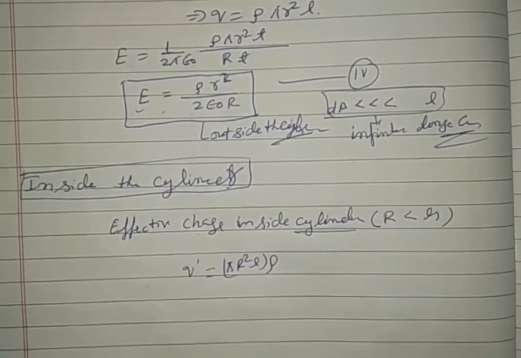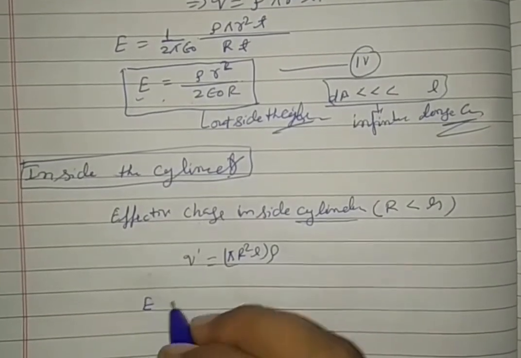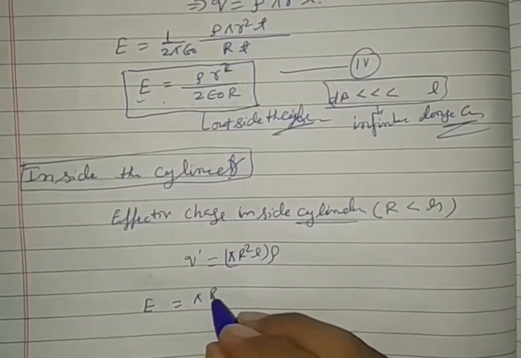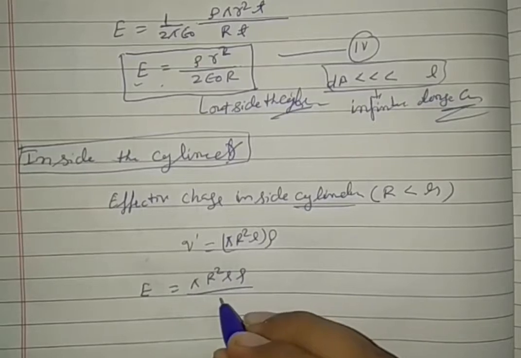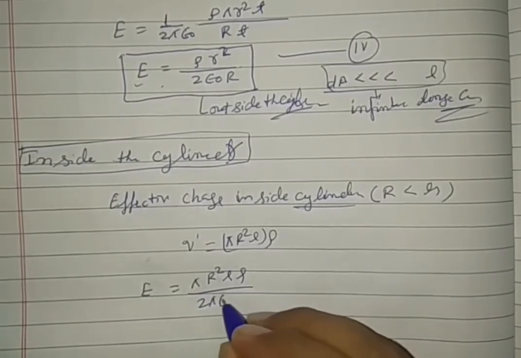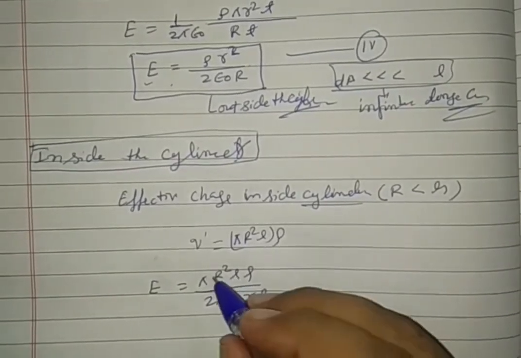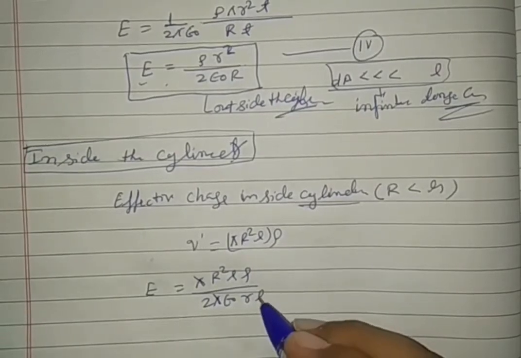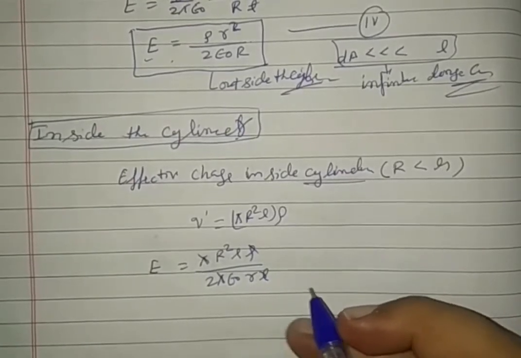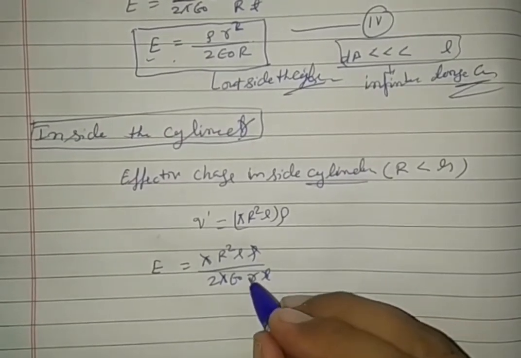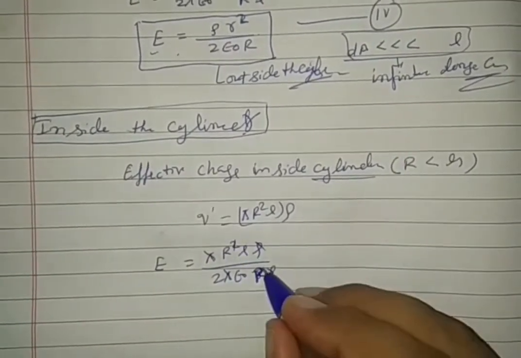In that condition, see very carefully, the effective electric field on calculating will be pi r square L rho by 2 pi epsilon 0 RL, and after pi is cancelled by pi, L is cancelled by L, and after cancelling all, one R is cancelled by the square R.